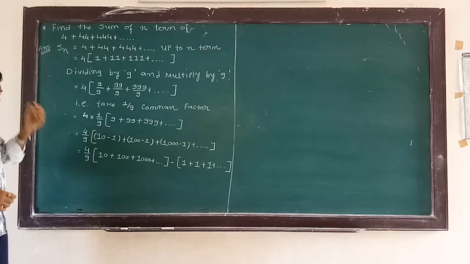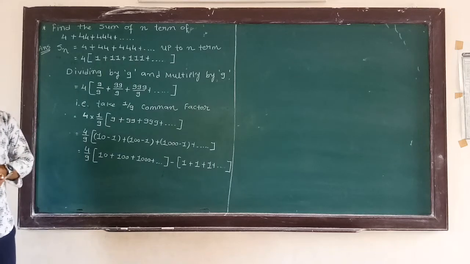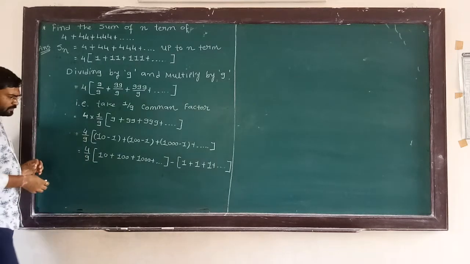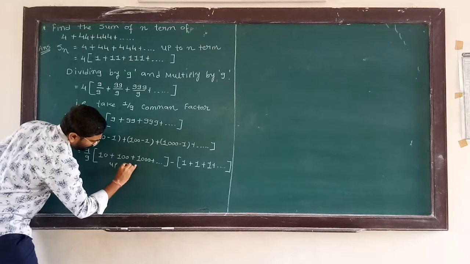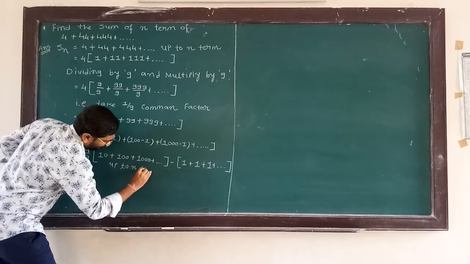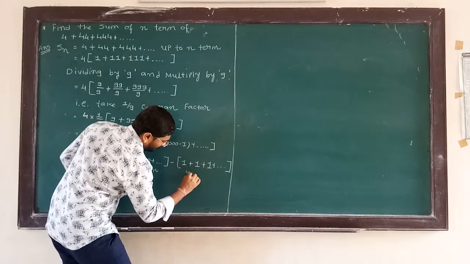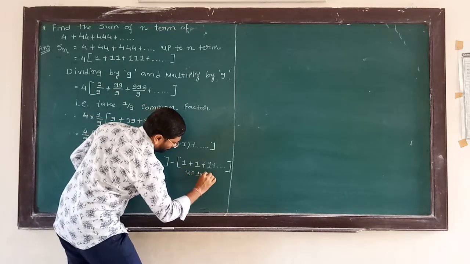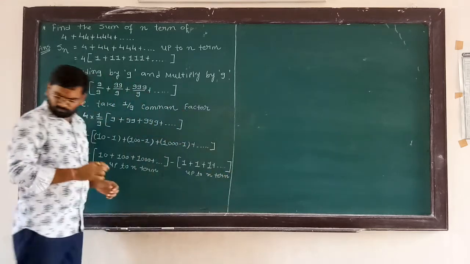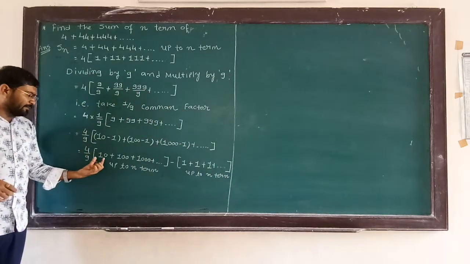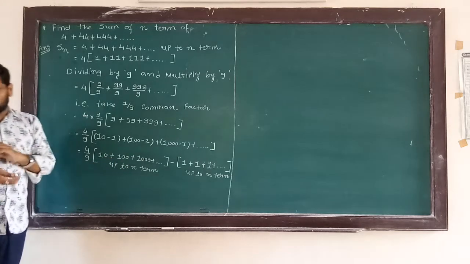Now both separate terms are fine. Here write up to n terms, and here also write up to n terms. See, students, here we get one series 10, 100, 1000.